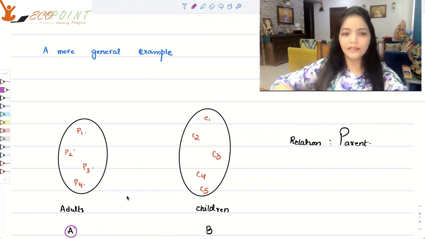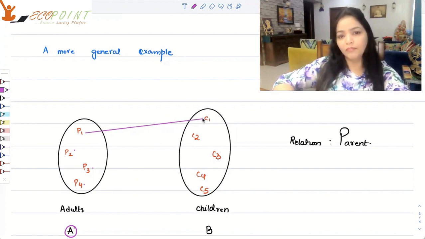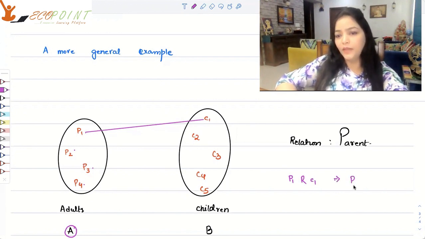This is the set of adults, related to the set of children, and the relation is parent. Say P1 is related to C1. When I say P1 R C1, that tells me that P1 is a parent of C1.